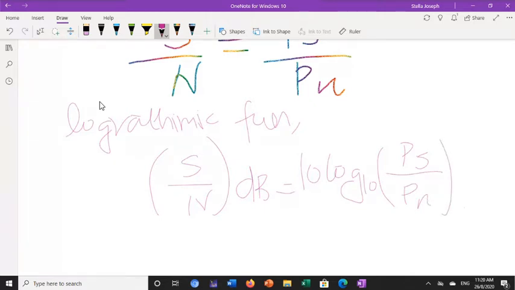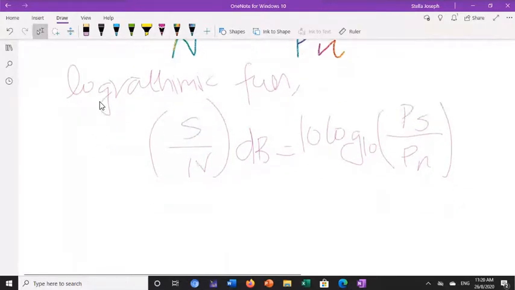We know the simple equation S by N is equal to PS divided by PN. When we express it in logarithmic function, we just use 10 log 10 of PS divided by PN.